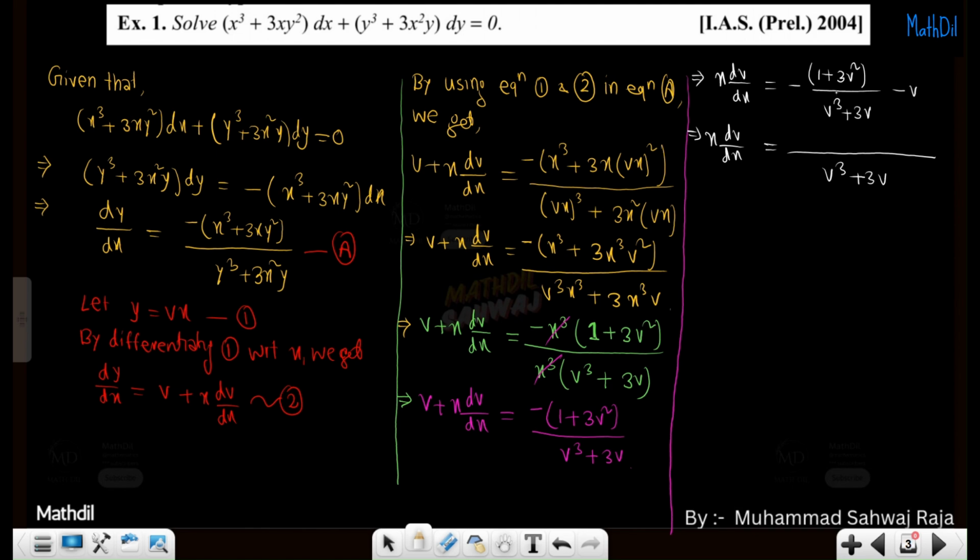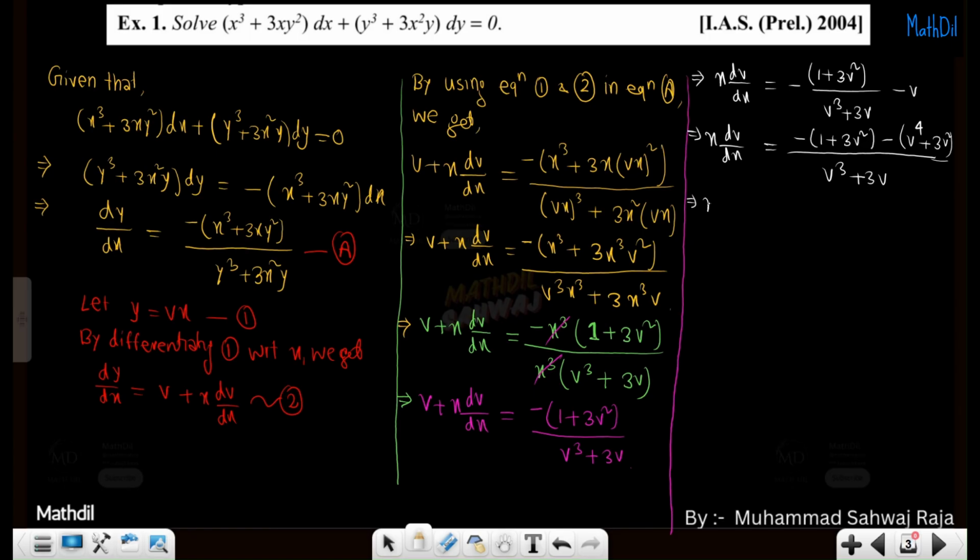Now what it will be? It will be as it is, so write it, minus (1 plus 3v square), and when you multiply this term with v, you will get v to the power 4 plus 3v square, right? So this is the new term, right? Now simplify it again.